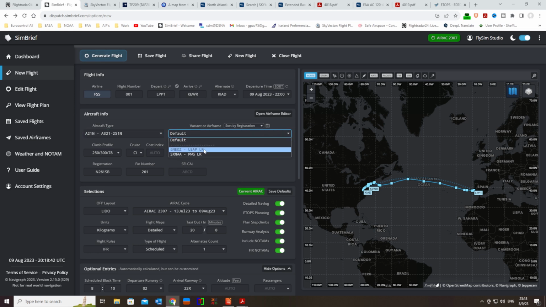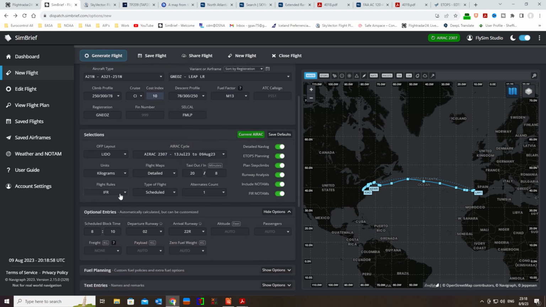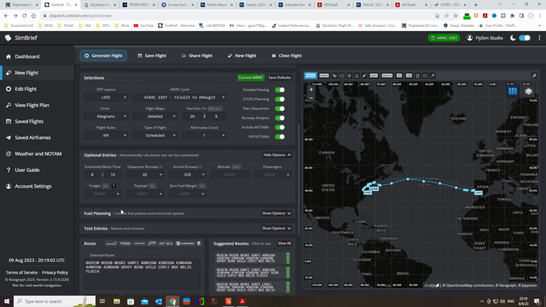I think so. Let's see. They have two profiles here. Okay, let's go with the LEAP one. Contingency, I'm gonna go 10 for now and check it out later on because I'm gonna try and see how much payload I can take.